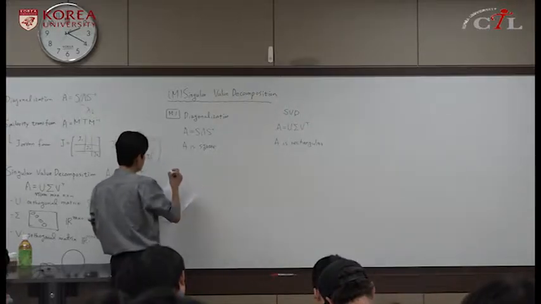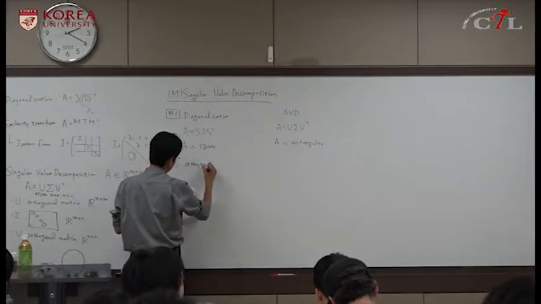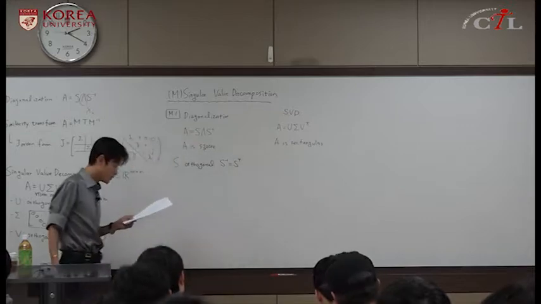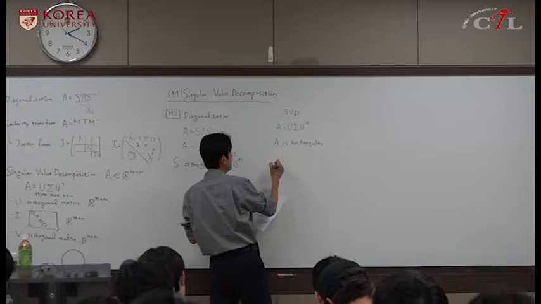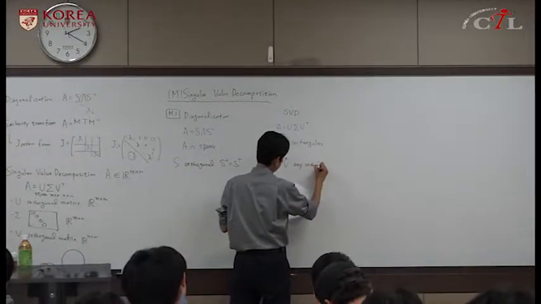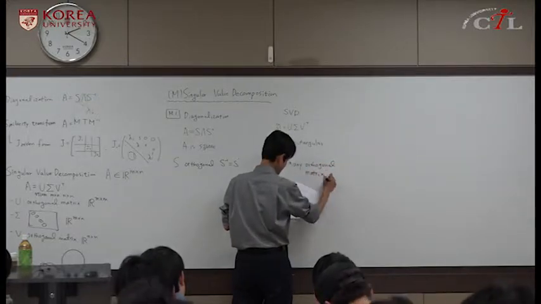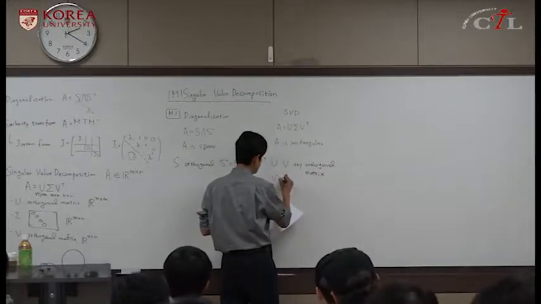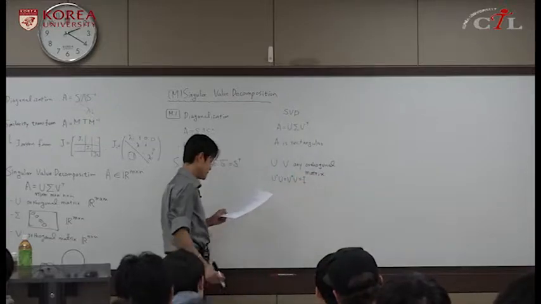Here, S is an orthogonal matrix. So S inverse is equal to S transpose because it's an orthogonal matrix. Here, U and V are also orthogonal matrices, and U transpose U equals V transpose V equals identity.